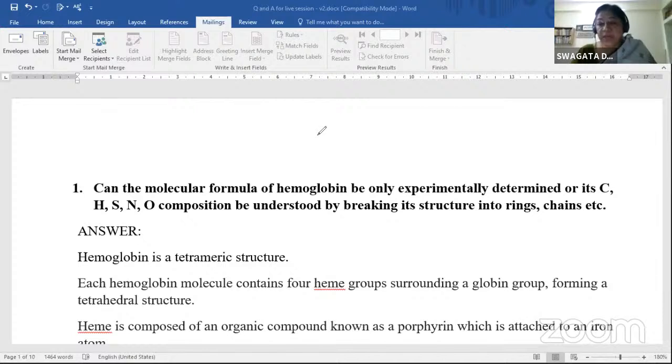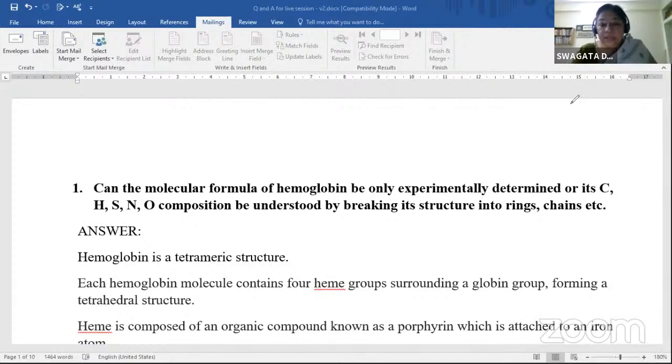The question that we had for one of them was, can the molecular formula of hemoglobin be only experimentally determined, or can its CHSNO composition be understood by breaking its structure into rings?